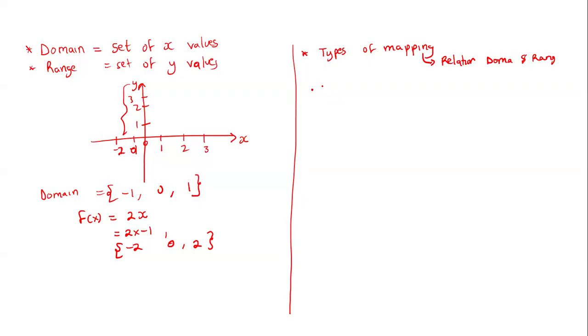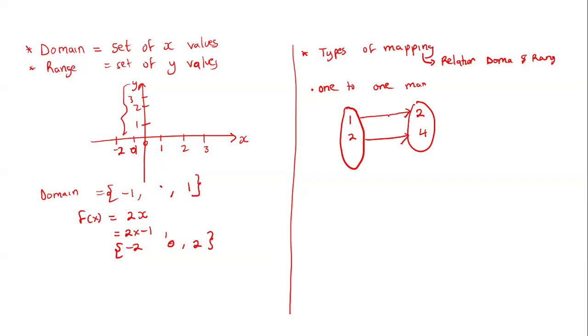The first one is what we call a one-to-one mapping. A one-to-one mapping means that, let me say this is your set and this is your set. Here you have, in case I have 1, 2, let me say this is 2, this is 4, one element in the domain maps to one element in the range.